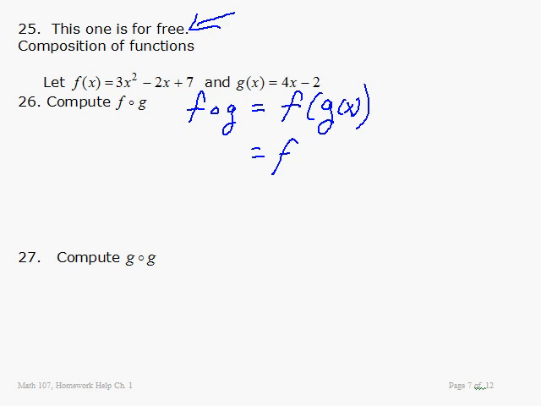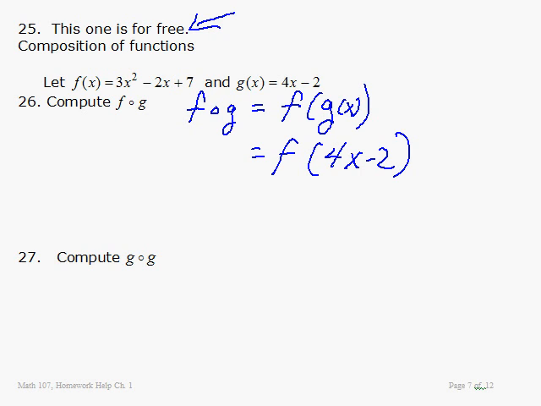Look up here and see what G is, and you can replace that: 4x minus 2. The first one is the outside, the second one is the inside. Once you've written it like that, go look at your function definitions and replace the inside function.